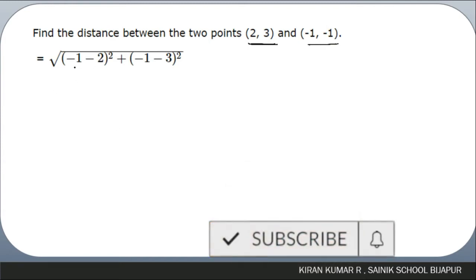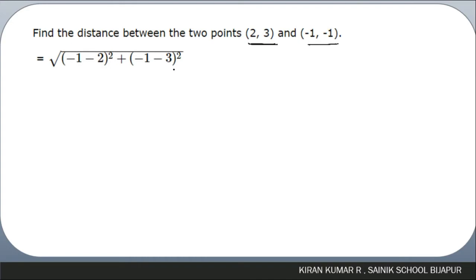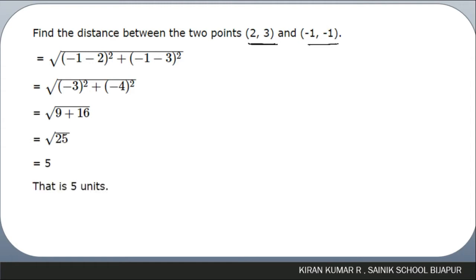Here minus 1 minus 2 will be minus 3. Minus 1 minus 3 will be minus 4. Therefore, we get under root minus 3 square plus minus 4 square. Root of 9 plus 16 is root 25, nothing but 5. Therefore, 5 units is the distance between these 2 points.